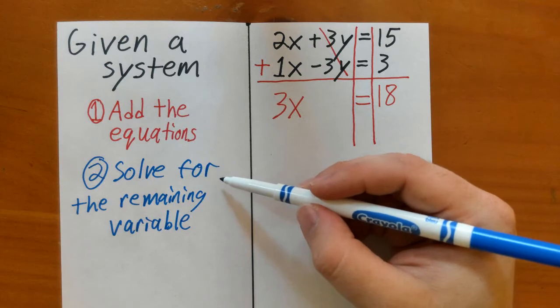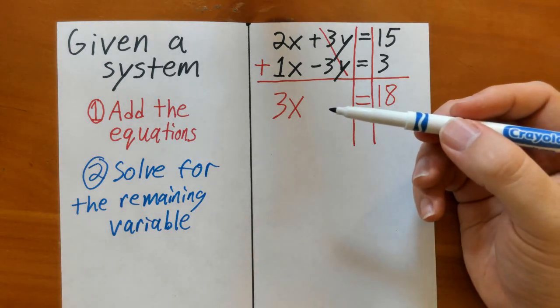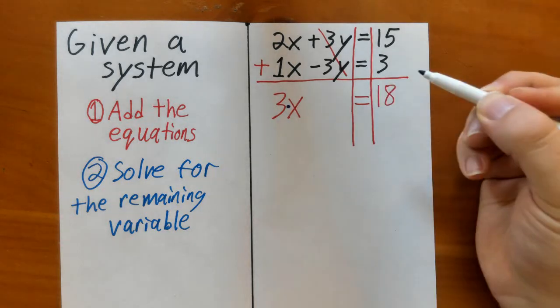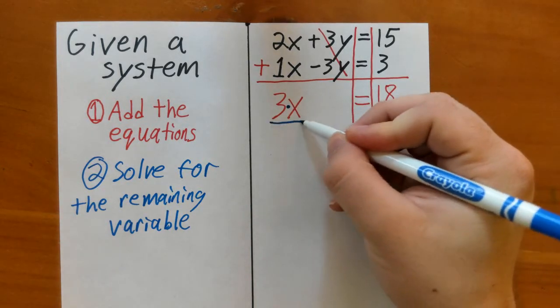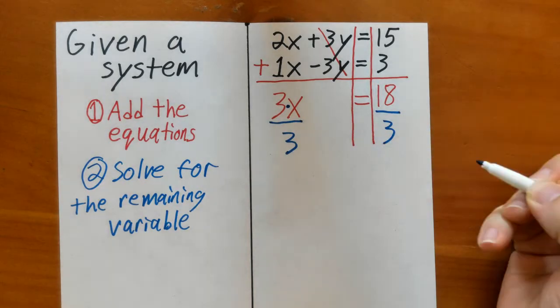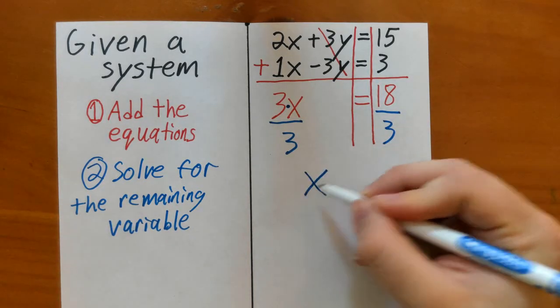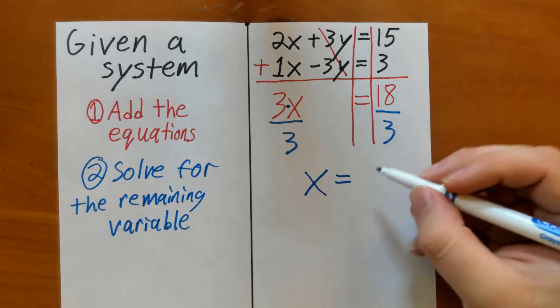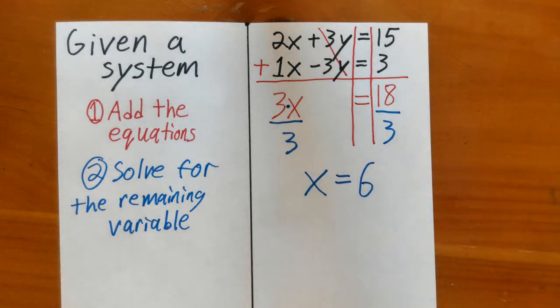Now, in order to solve, we're going to use our inverse operations. You can think of that 3 next to the x as a 3 times x. So I'm going to divide both sides by the 3, meaning that x is equal to 18 divided by 3, which is 6.